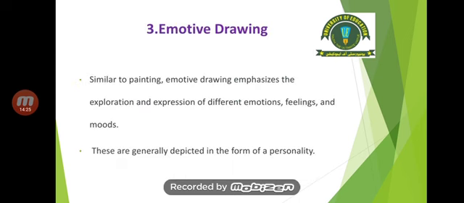The third type of drawing is emotive drawing. Similar to painting, emotive drawing emphasizes the exploration and expression of different emotions, feelings, and moods. These are generally depicted in the form of a personality. Such kinds of paintings are more associated with moods and characters of the model.